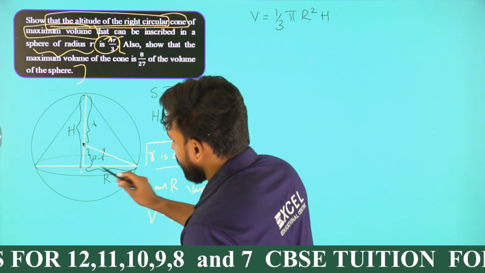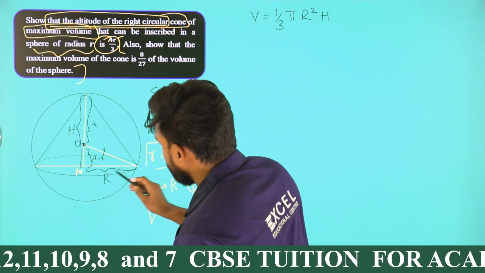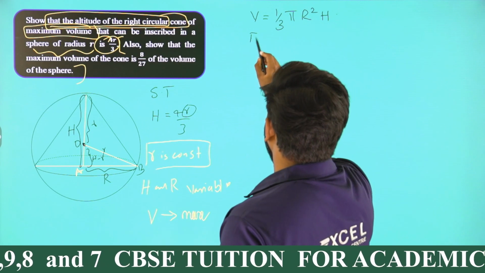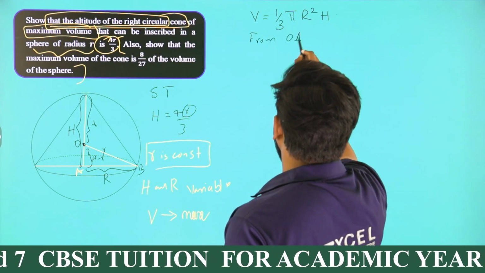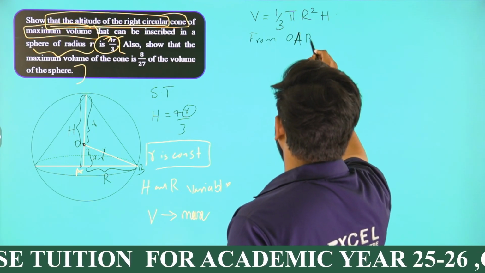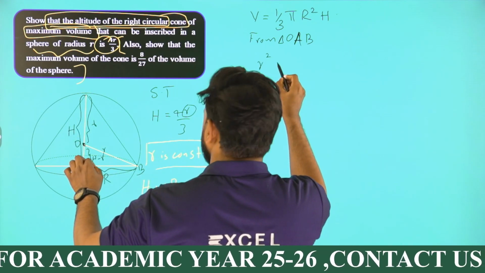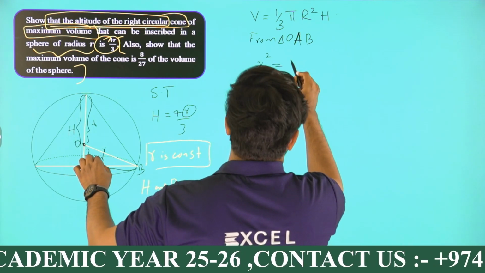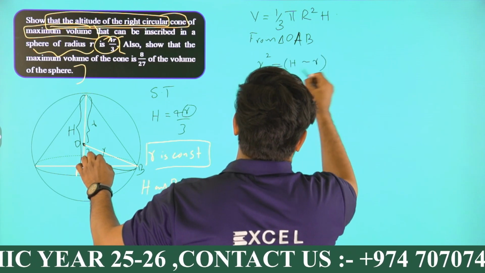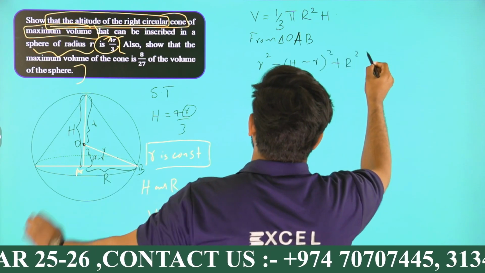So from triangle OAB, using Pythagoras theorem, we can say that small r square is equal to capital H minus small r the whole square plus capital R the whole square.